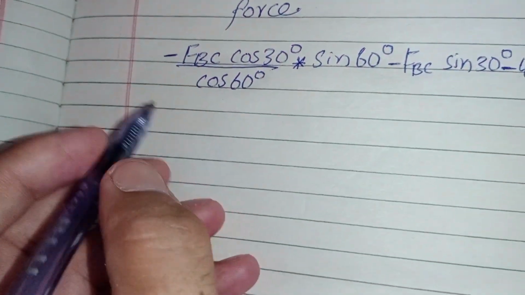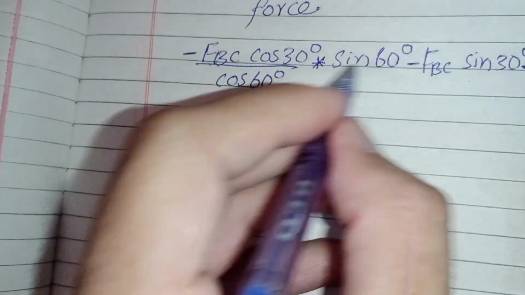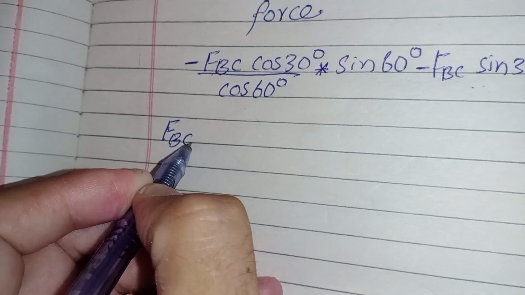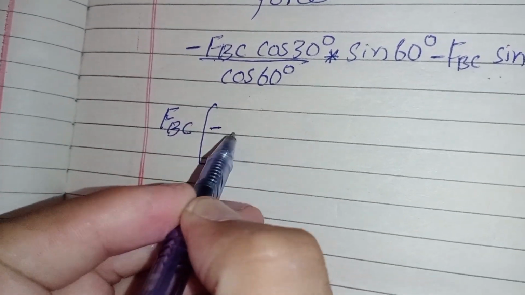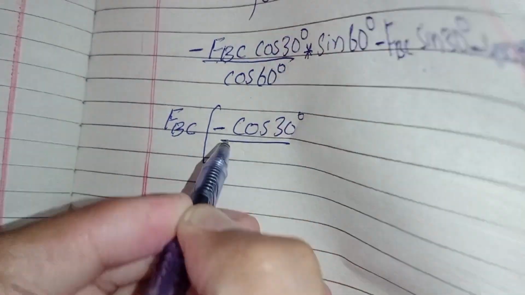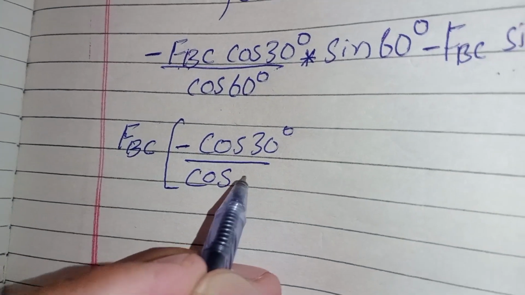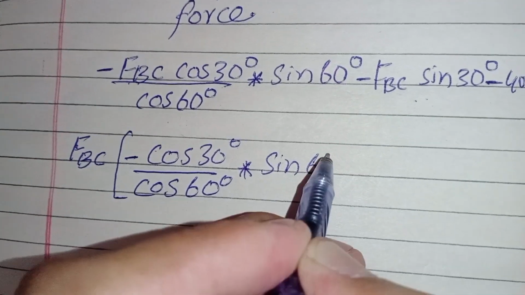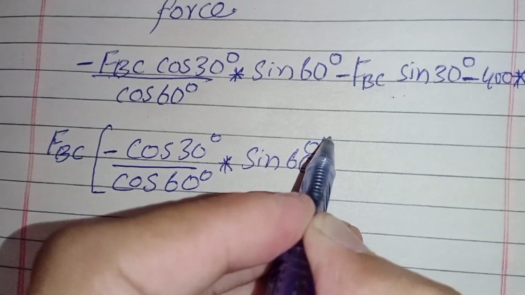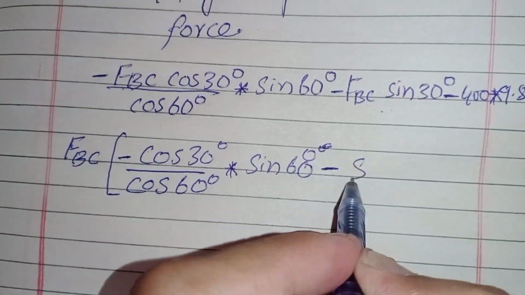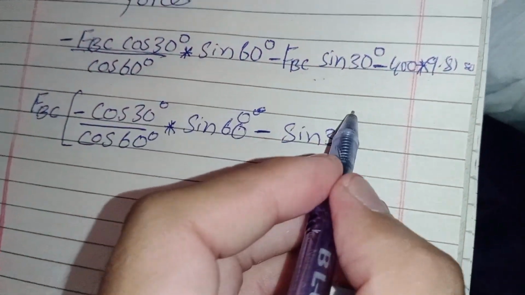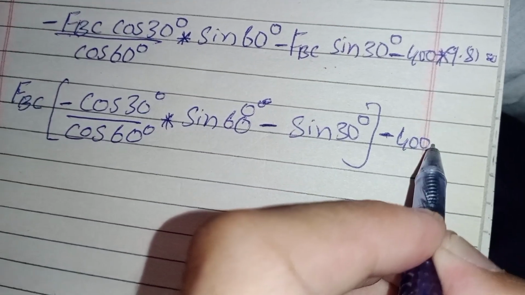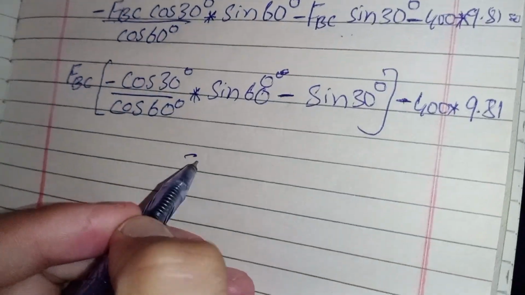Now if you rearrange this all, first of all I take F of BC common from these two: F of BC times negative cos 30 divided by cos 60 degree multiplied by sine 60 degree, minus sine 30 degree, minus 400 into 9.81 equal to 0.